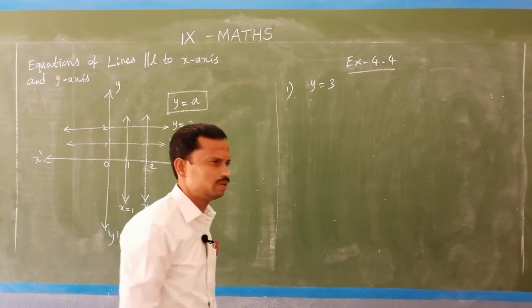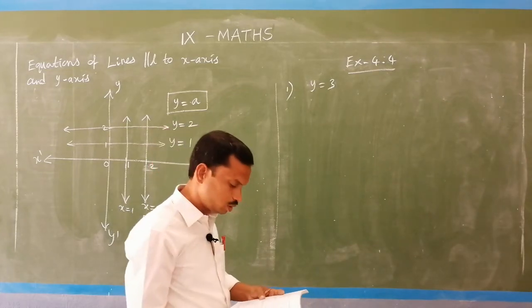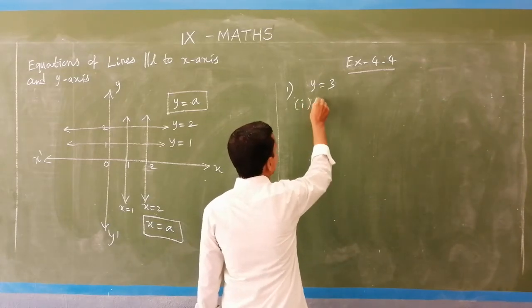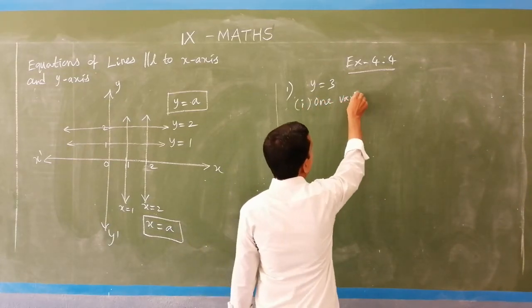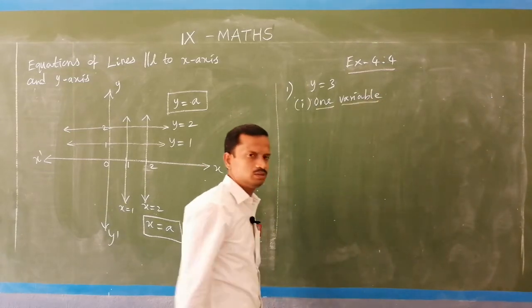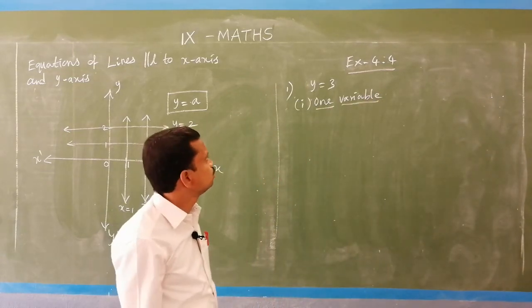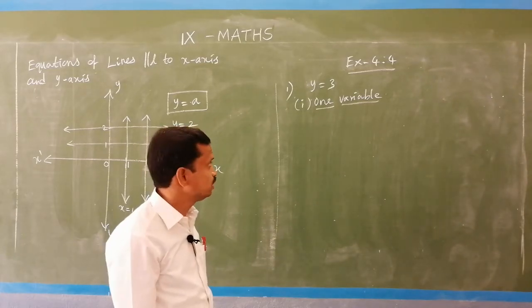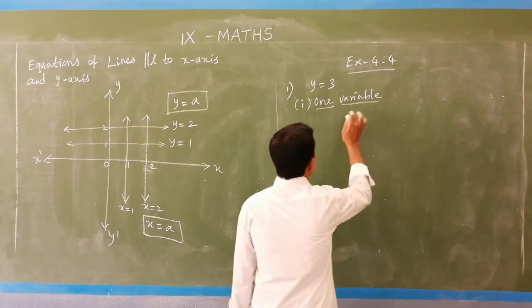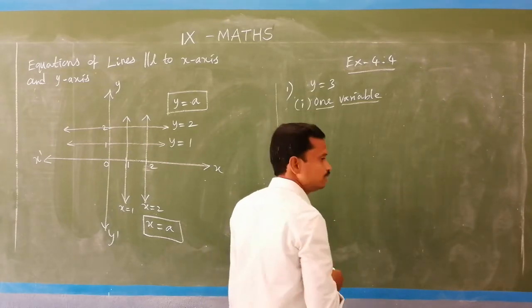So, you have to give the geometrical representation in both one variable and two variables. Option 1, one variable. So, one variable means you can easily show this y equal to 3 as one variable in number line. Okay, you have to represent in one variable.